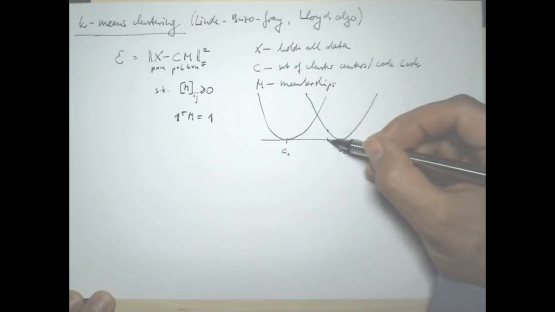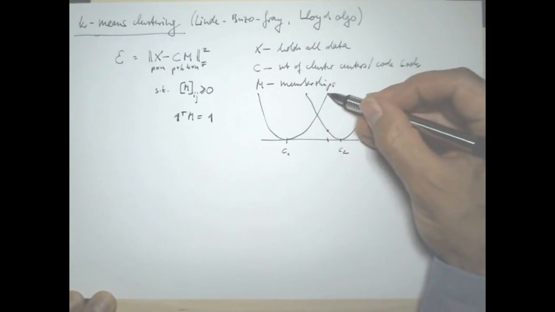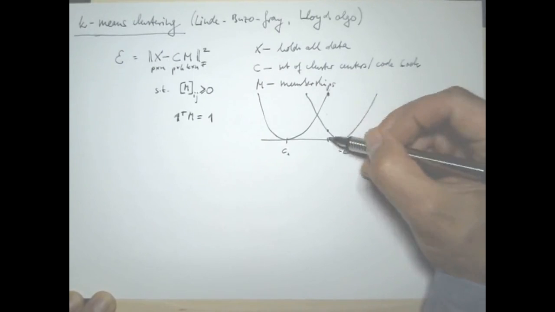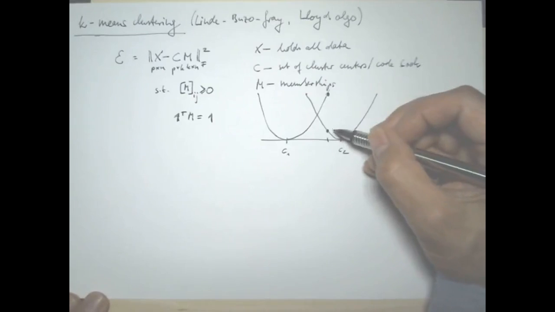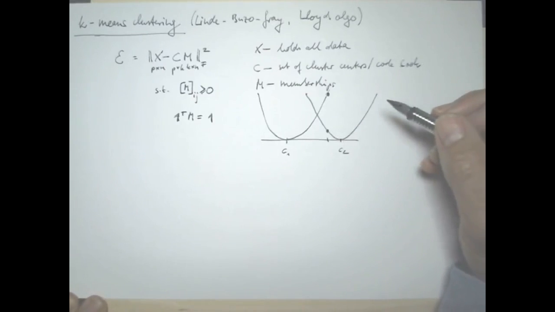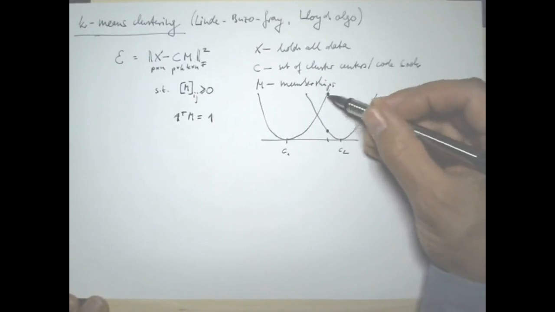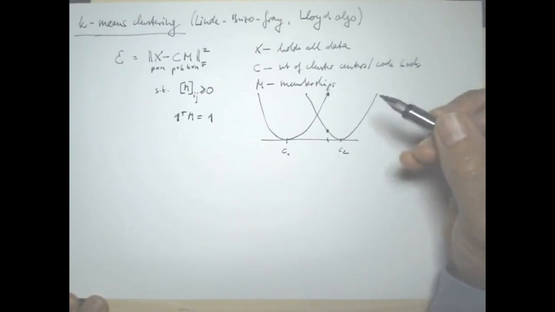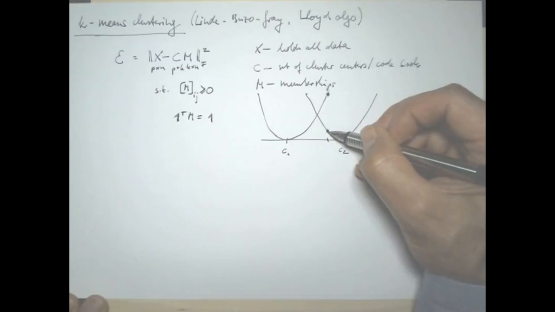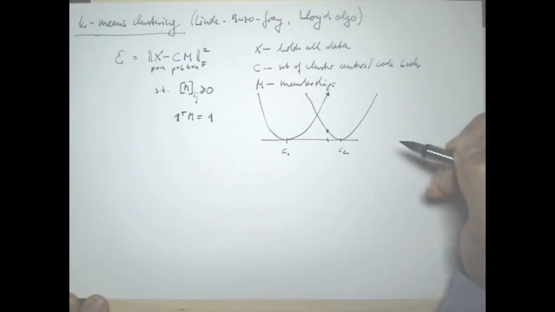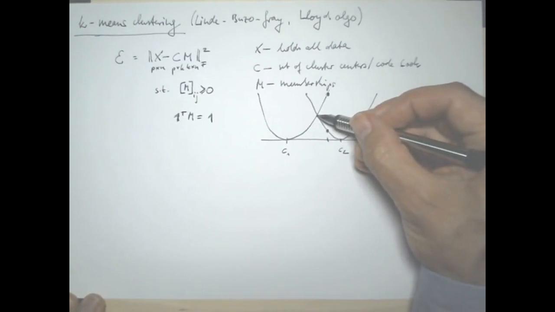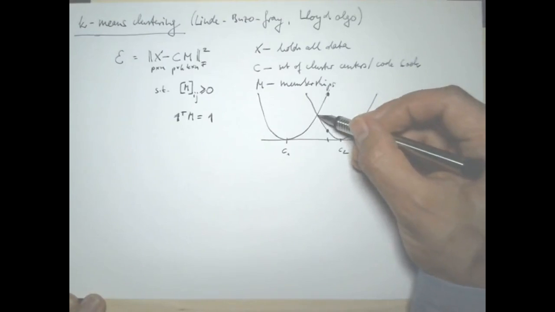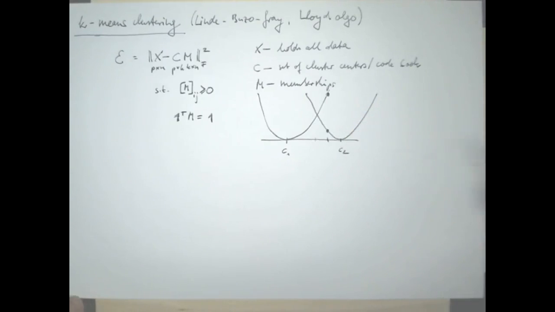If I assign it to C1, I have to pay that much. And if my aim is to minimize my overall cost, I gain no advantage in mixing. It's best to simply assign it to the single cluster center that is closest. It's only right here at the border between two clusters, at this position here, that I have some freedom.